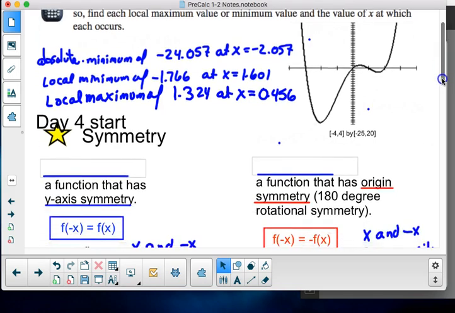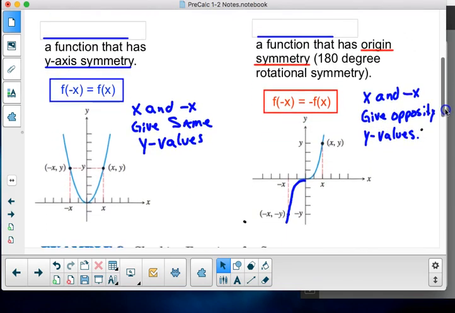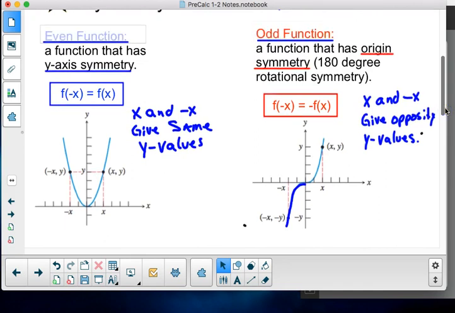Algebraically, what that means is this. Okay, for even functions, a function that has y-axis symmetry, I got f of negative x equals f of x. X and negative x give the same outputs that we have.